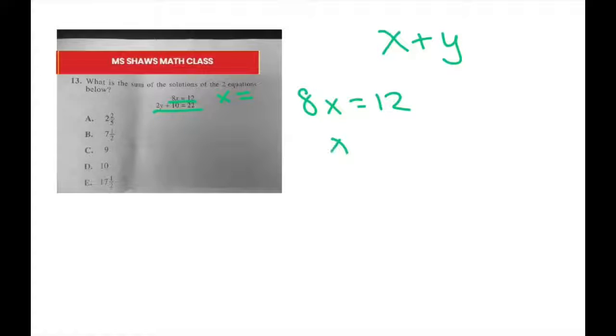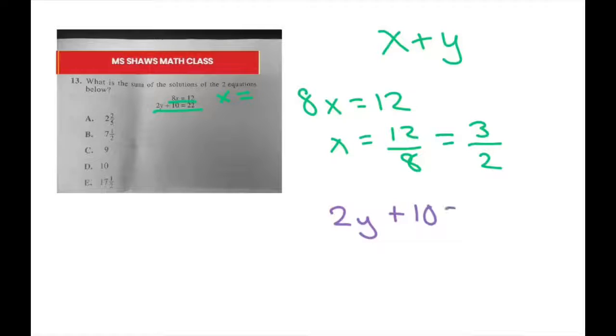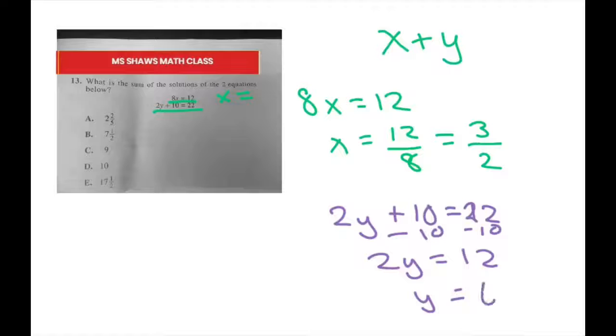So x equals 12 divided by 8, which equals, when you reduce it by dividing each by 4, you get 3/2. And then we have 2y plus 10 equals 22. So subtract the 10 from both sides. And y equals, of course, 6.